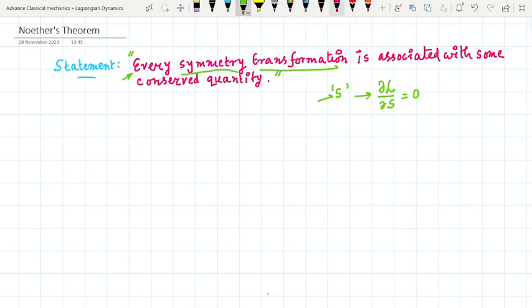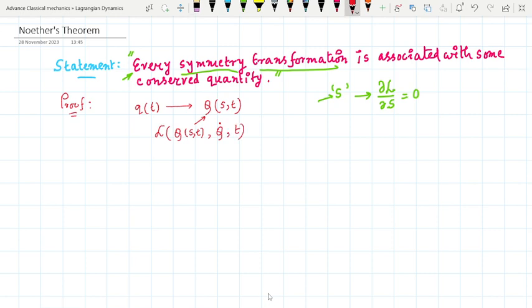Okay, so the proof. Suppose we consider a family of transformations represented by q, which is a function of time, transformed to some coordinate Q, which is a function of S as well as T. Now the Lagrangian corresponding to this new coordinate can be represented by L as a function of Q, which is also a function of S and T, the generalized velocity Q dot, as well as time.